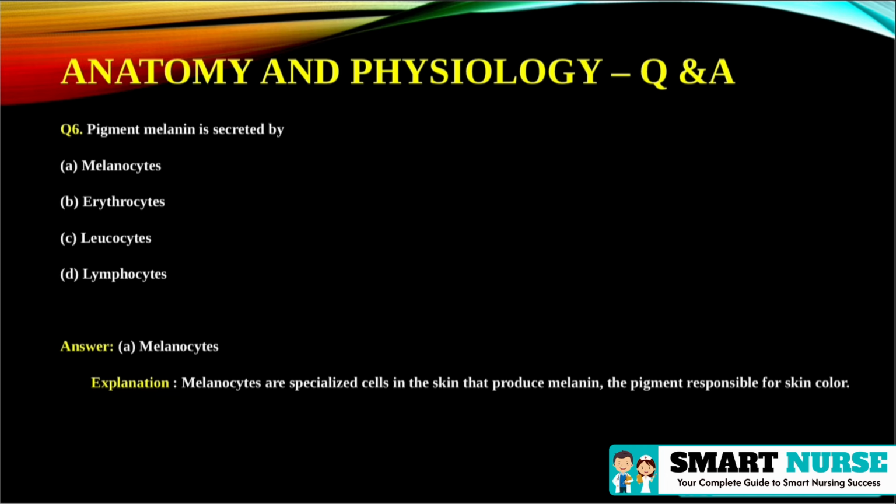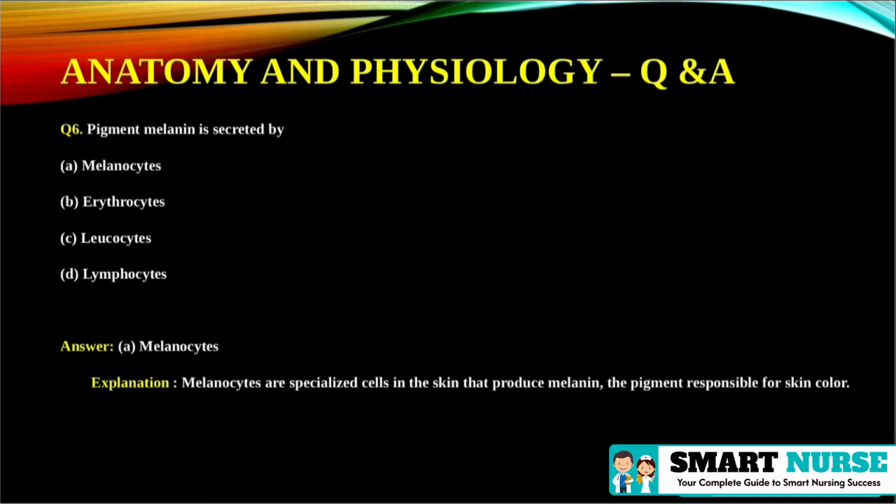Option B erythrocytes are also known as RBCs. They are primary cells in the blood responsible for transporting oxygen from the lungs to the body tissues and carbon dioxide from the tissues back to our lungs. Option C is leukocytes, the scientific term for WBC, which are a vital part of our immune system.